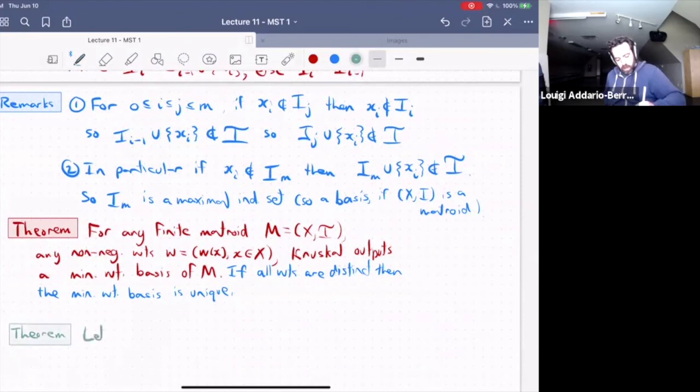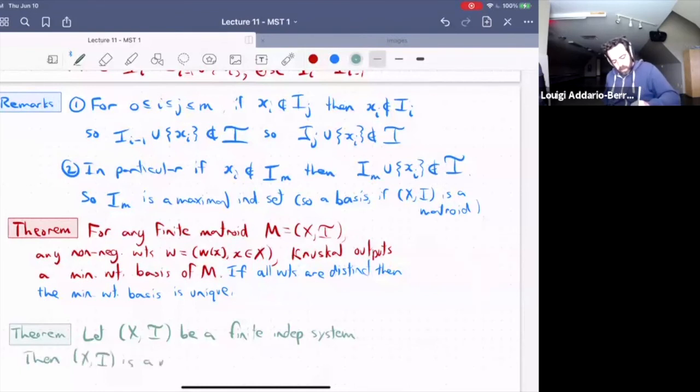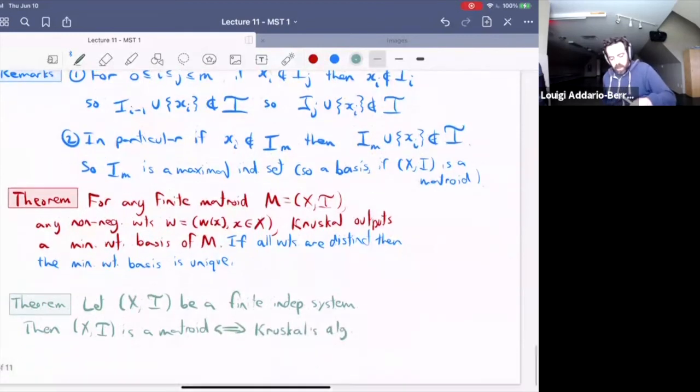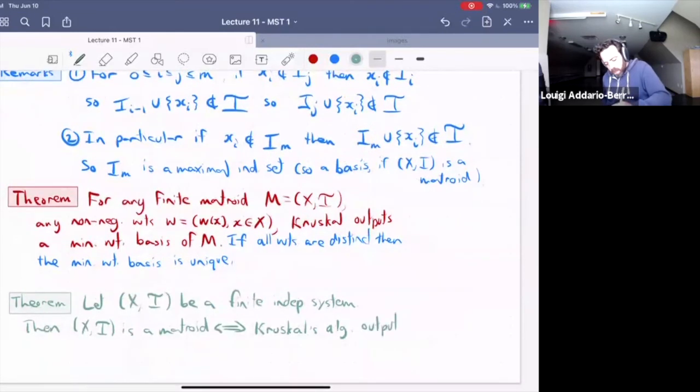If you give me a finite independent system, then it's a matroid if and only if Kruskal's algorithm always works, so Kruskal's algorithm outputs a minimum weight basis for any choice of non-negative weights.